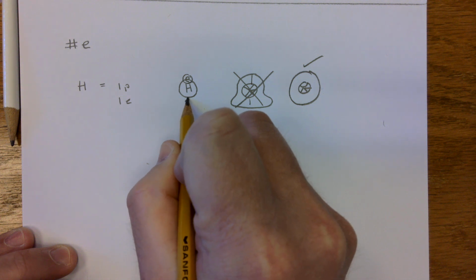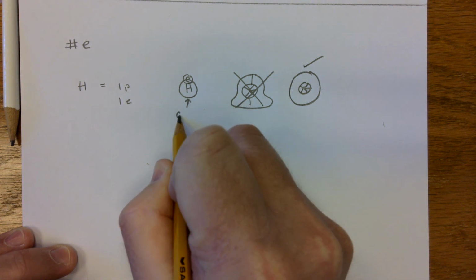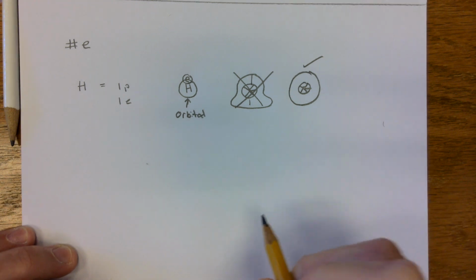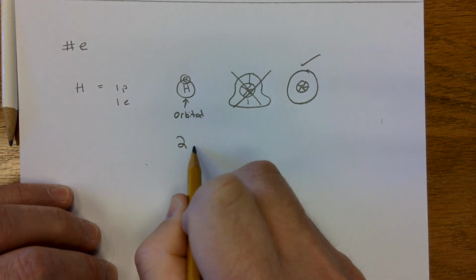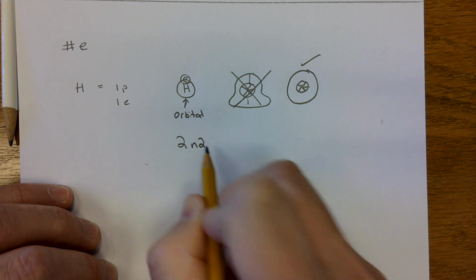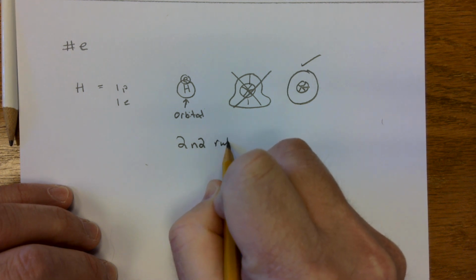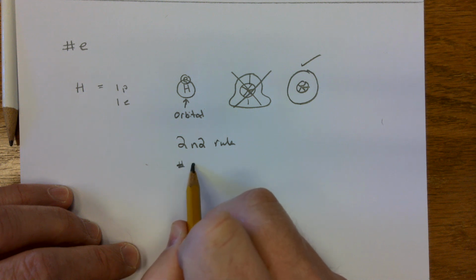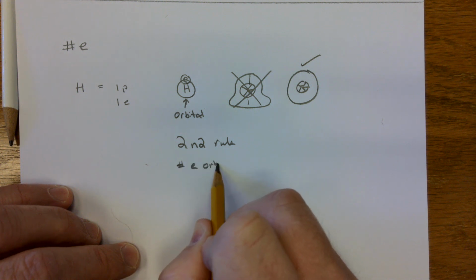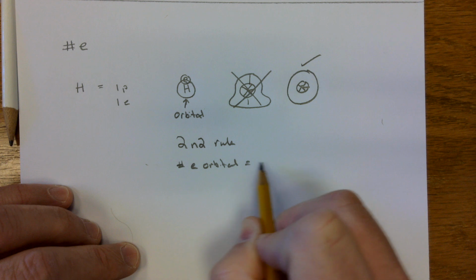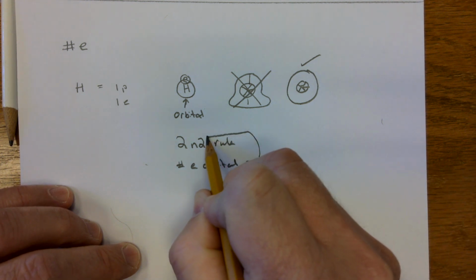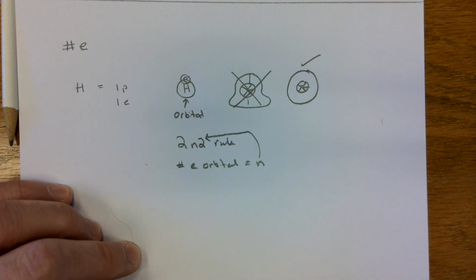The electron orbital that this is sitting in, this is called an orbital, will match a rule that is called the 2n² rule. What that does is it tells you the number of the electron orbital, which equals n, will then feed into that 2n² rule.